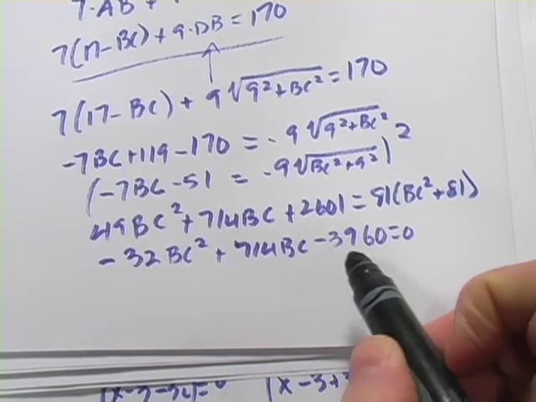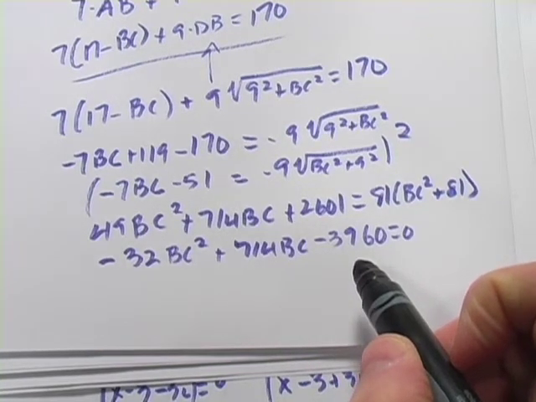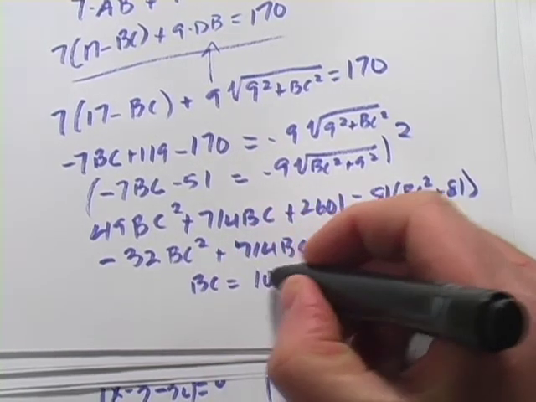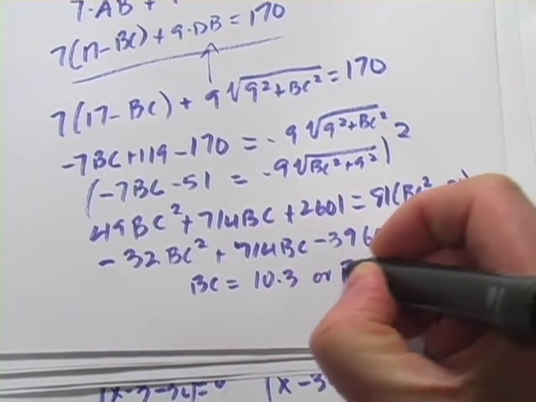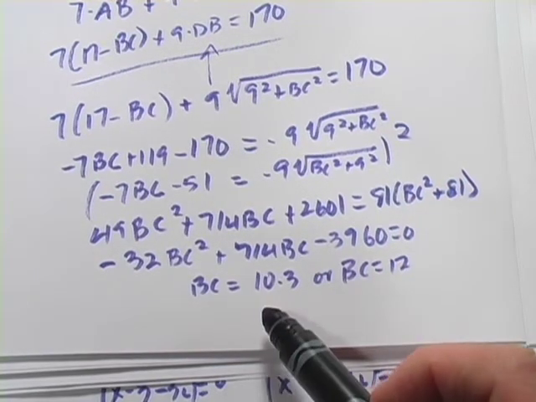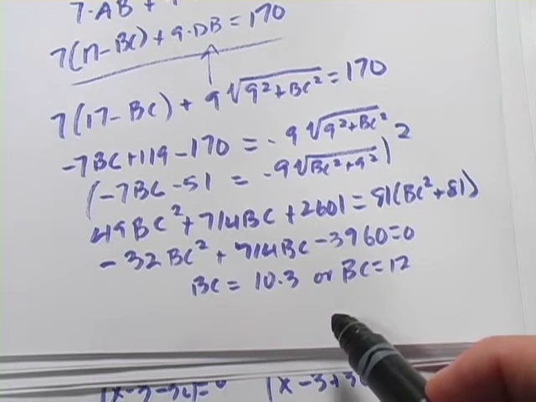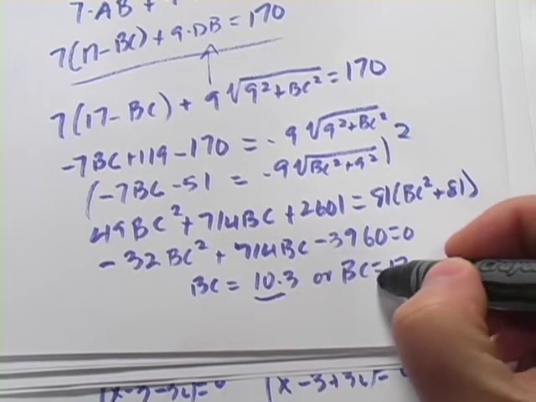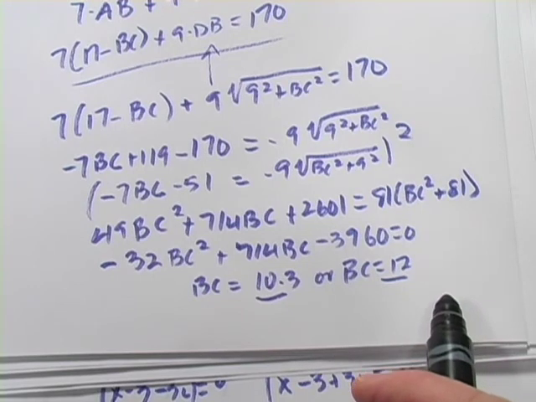And at that point, I would probably use my quadratic equation solver and see what I get. And what I get for BC is either 10.3 or 12. And that happens with triangles. There are often two triangles that can solve a particular set of circumstances. So BC could actually be either one of these. And that's going to be your answer.